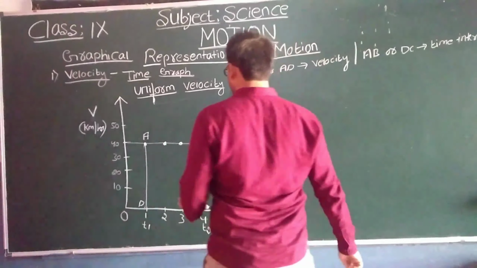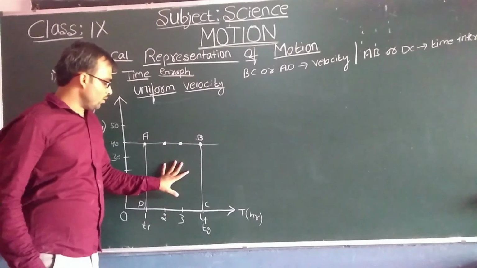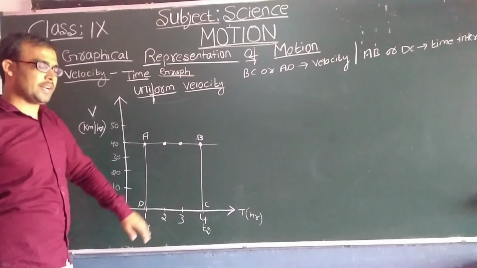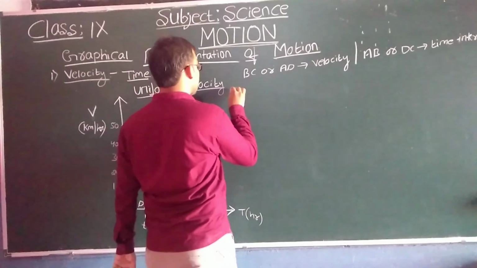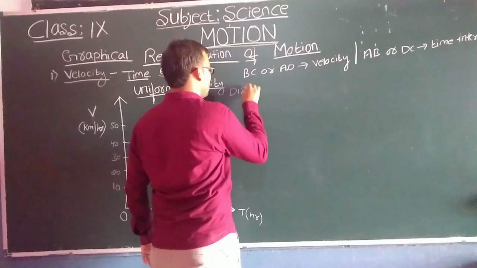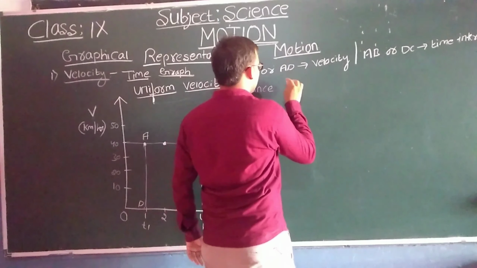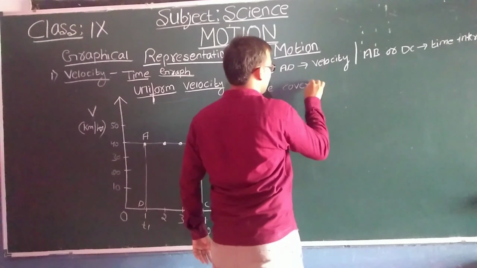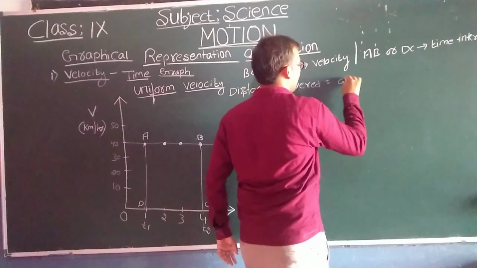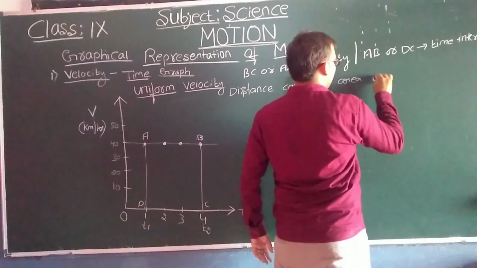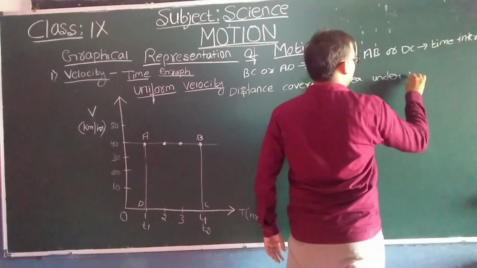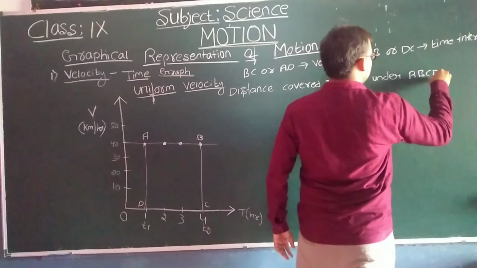What is this graph? It looks like a rectangle now. So the distance covered is equal to the area under ABCD.